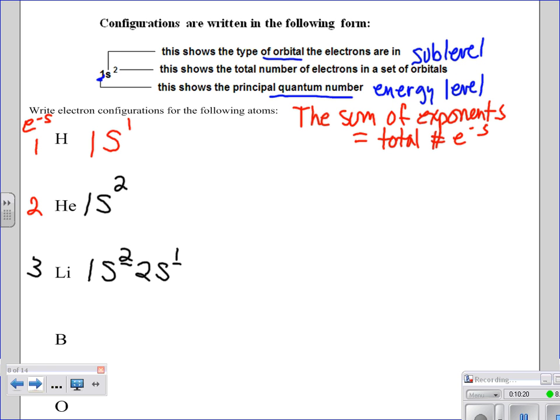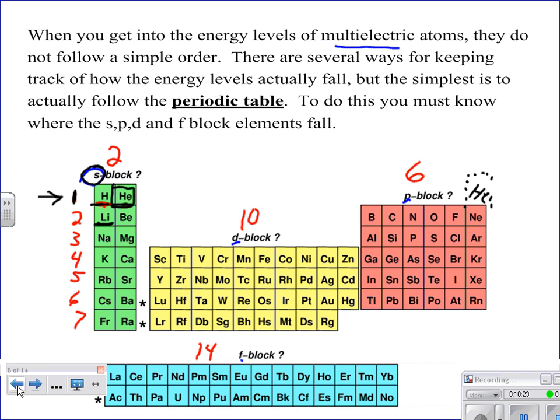Okay, I'm going to jump over to boron. Boron's over here. There's 5 electrons. So feel free to say it out loud. We're going to go all the way to number 5. So it's going to be 1s2, 2s2, and what do you think?